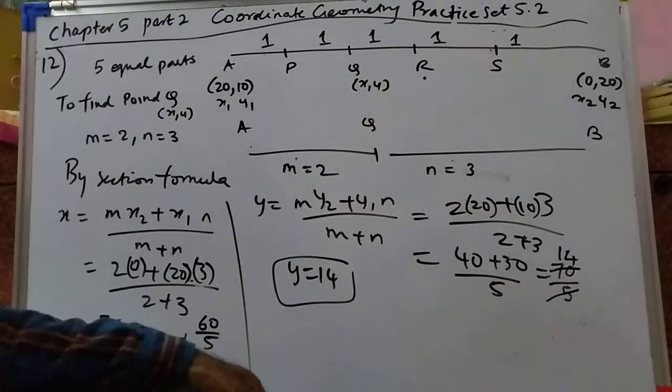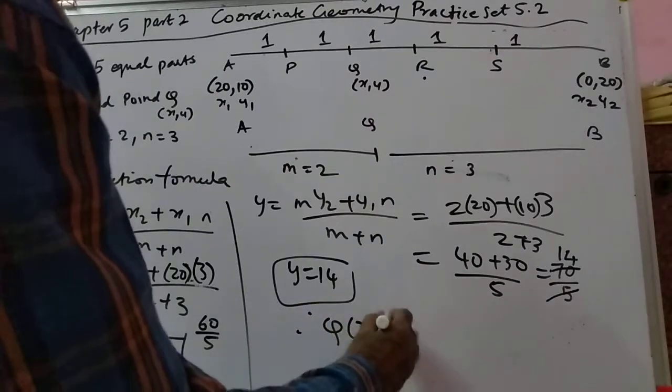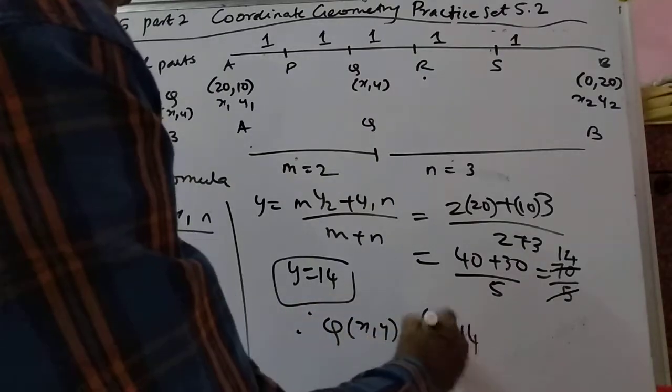So we got this point. Therefore Q (x, y) is (12, 14).